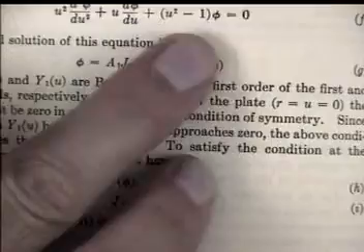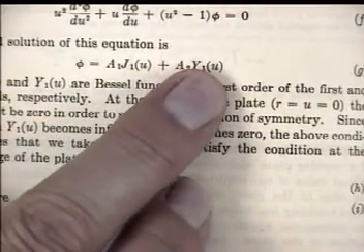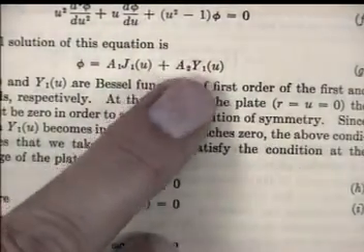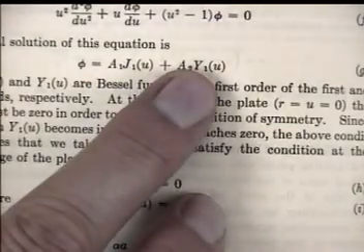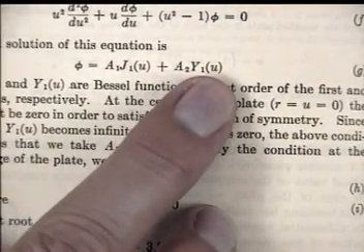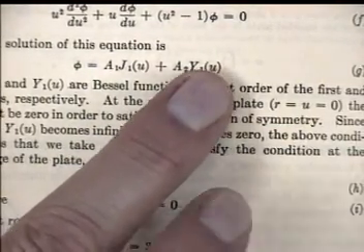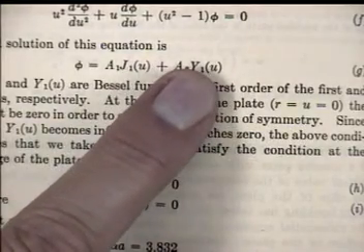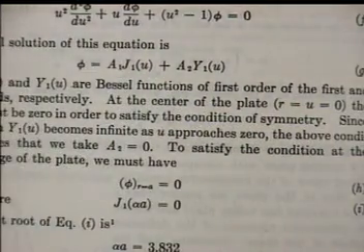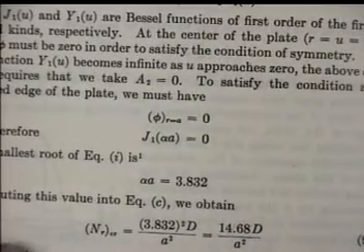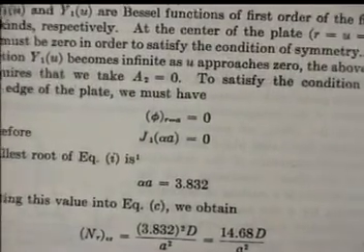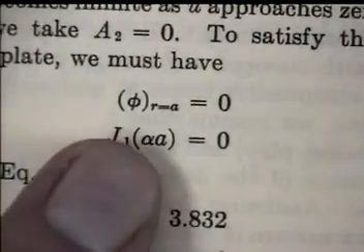Because A2 must be 0, this function does not play a role, which is very good news for us, because we actually did not have a lecture about this function. But no problem, the constant in front of it is 0, so it's okay. Now, what happens is as follows. We consider now the clamped end.